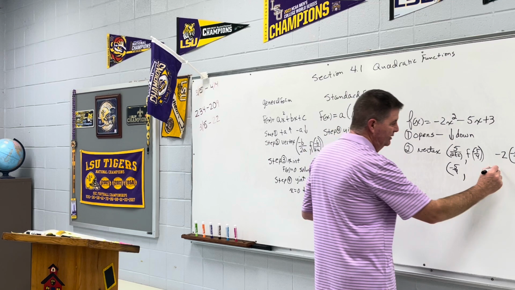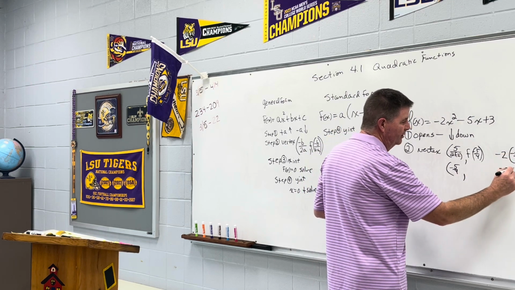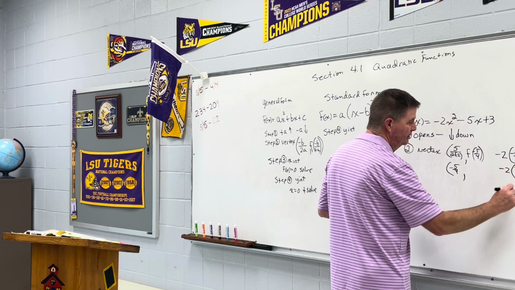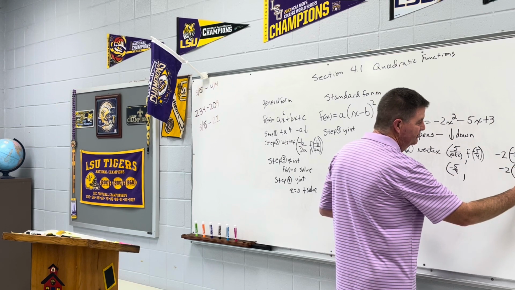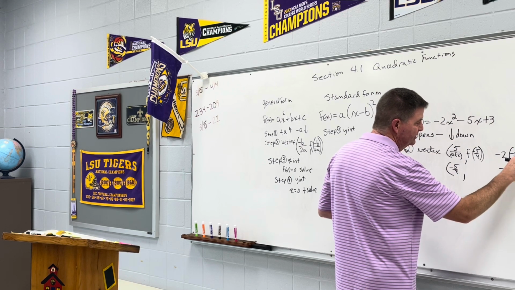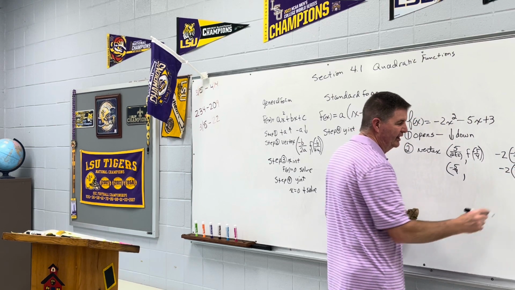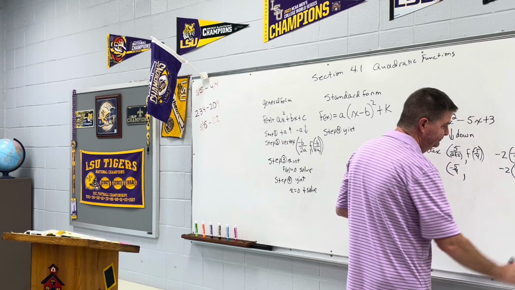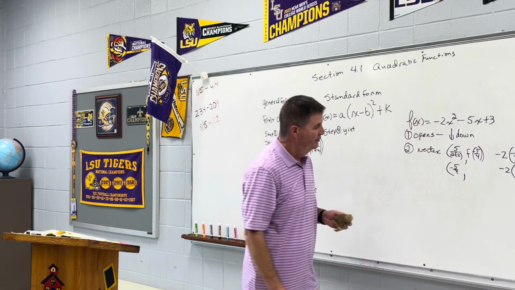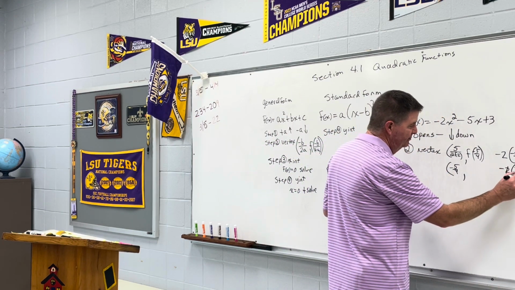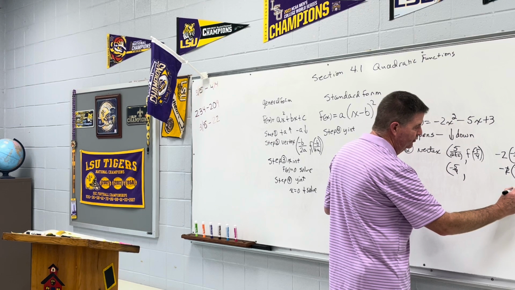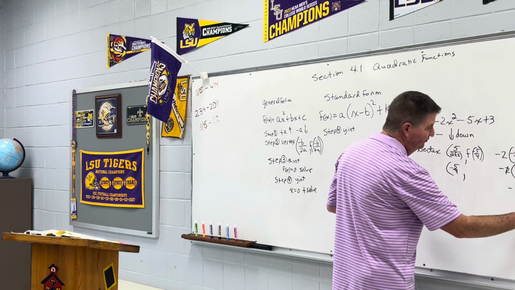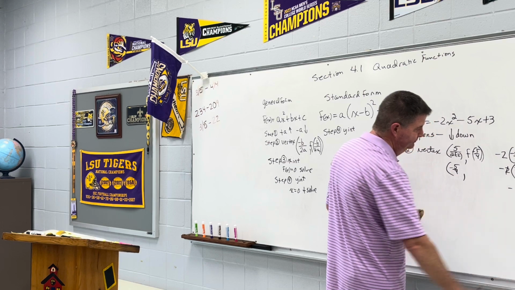That's going to be negative 2 times 25 over 16, minus, well, in this case it's plus because we have negative 5 times negative 5, so 25 over 4 plus 3. Here we can cancel the 2 and the 16, making that an 8. So that's negative 25 over 8 plus 25 over 4 plus 3.